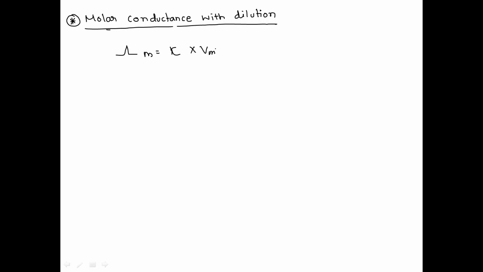So we expect that molar conductance will increase with dilution, because the decrease in kappa is compensated by the increase in volume. The increase in Vm has more value than the decrease in kappa.